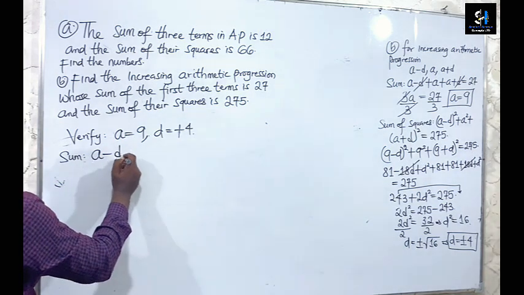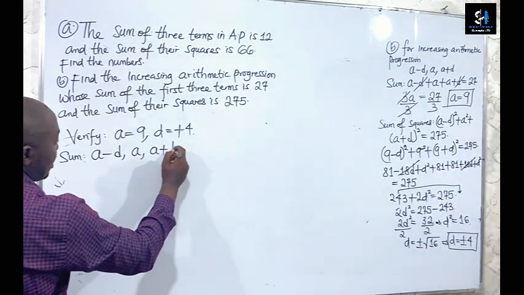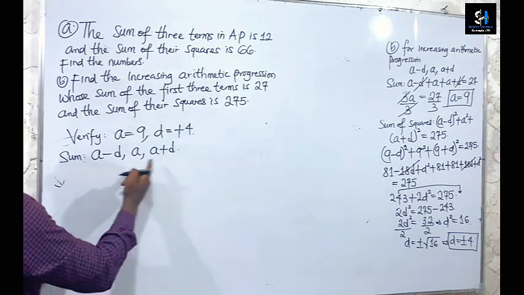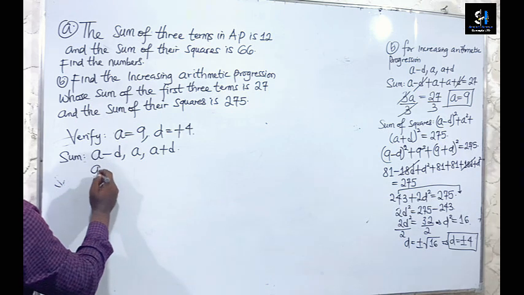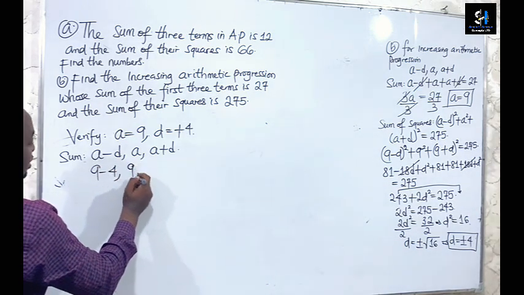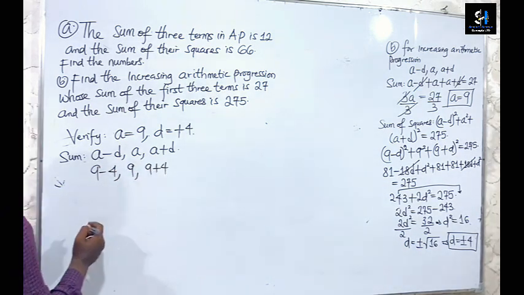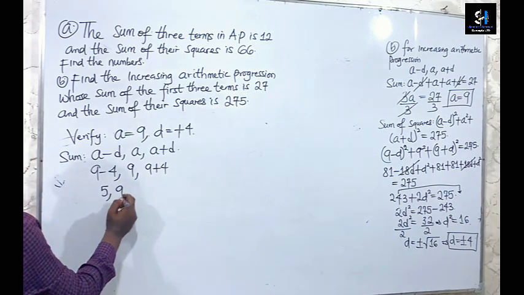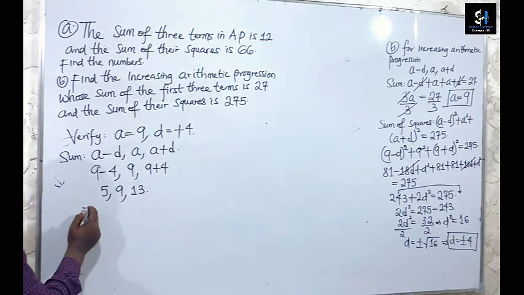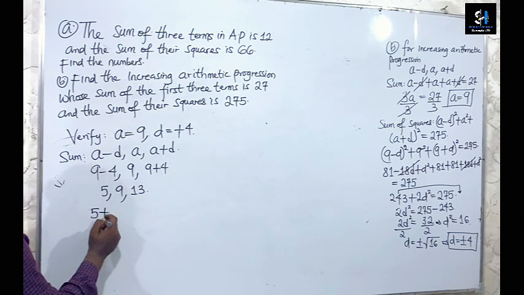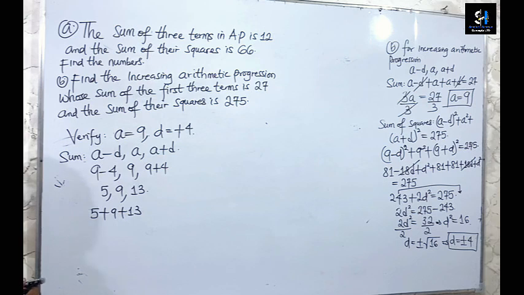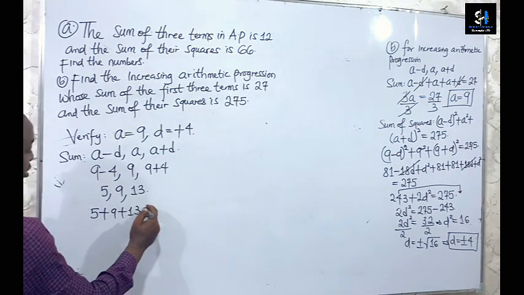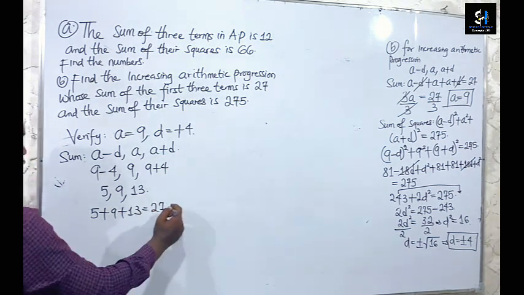We have a minus d, a, and a plus d as the terms that form the arithmetic progression. So this will be 9 minus 4, this will be 9, and this is 9 plus 4. This will be 5, 9, then 13. Now their sum: we have 5 plus 9 plus 13. 5 plus 9 is 14. 14 plus 13 will be 27.